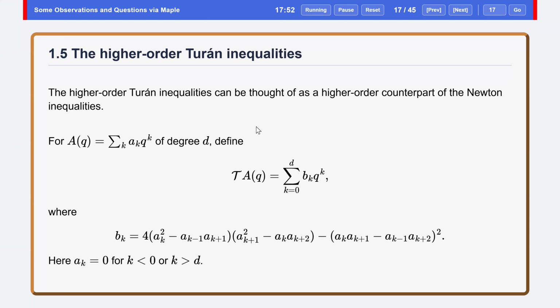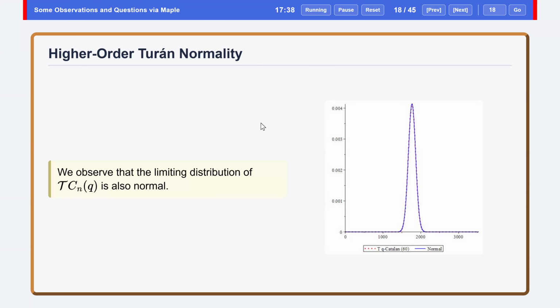Here we define p_k as this kind of transformation from the coefficients a_k. Okay, and even for the Turán transformation of the q-Catalan numbers, we still get a normal distribution.